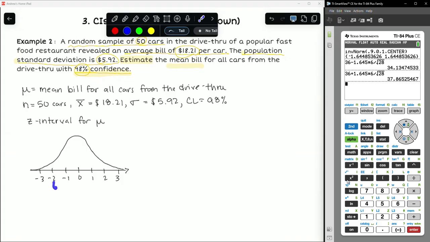I know 95 is within 2, 99.7 is within 3, so I'm sitting somewhere between 2 and 3. So this area here should be 98%, or 0.98.